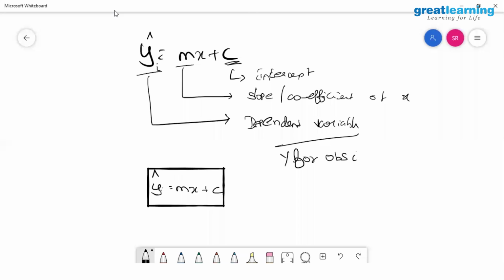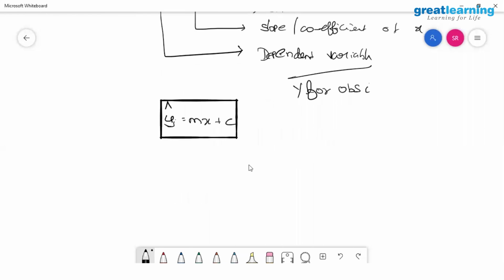So now someone asks you, what is a simple linear regression model? The simple linear regression model is given by capital Yi is equal to B0 plus B1 xi plus E, the error term.